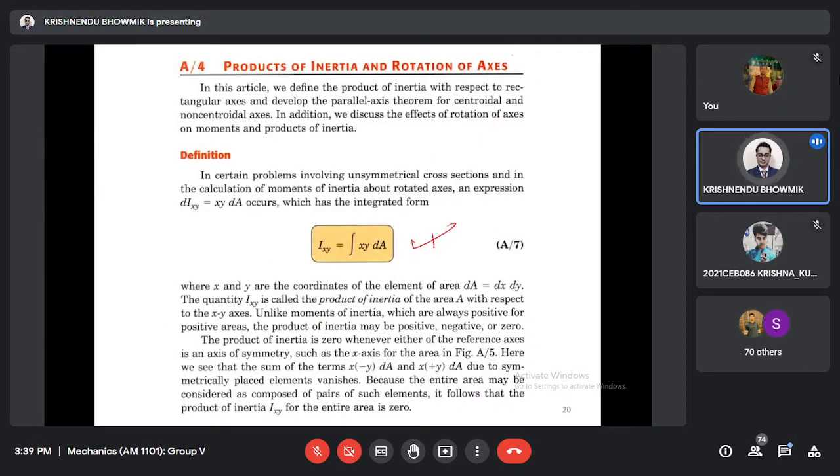Then for composite areas, with different areas, we can have this type of addition. Then product of inertia is important for unsymmetric cross sections. For unsymmetric cross sections, this will not be 0. For any symmetric cross sections, it will be 0.